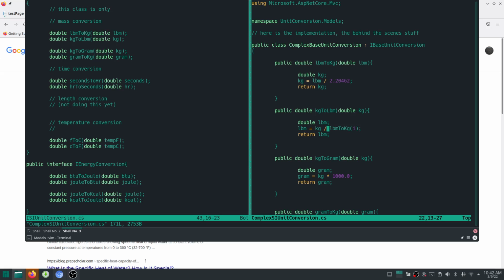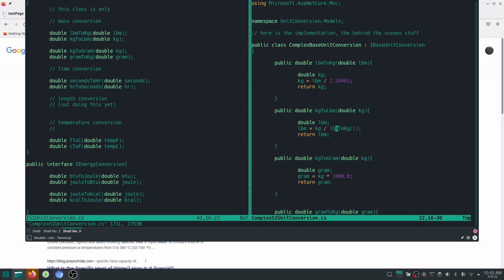Instead of multiplying by 2.20462, I called this function pounds to kg with 1 pound. 1 pound is how many kg, then you divide by this. So it's basically 1 divided by this number, roughly 2.2, and you get the same effect.